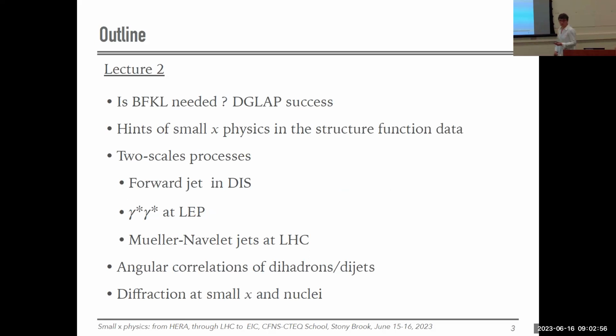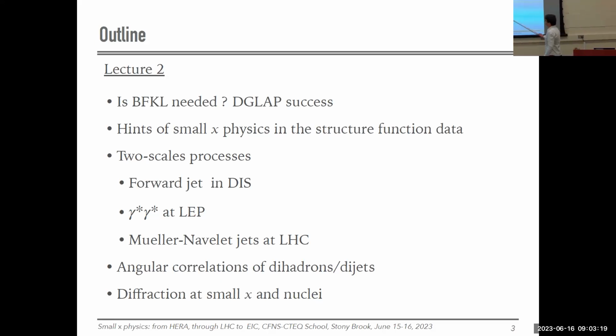So what I want to do today is to give you an overview, of course a selected overview, of some processes that you can look at, mostly at DIS but also at other machines, to look for small x phenomena, either BFKL or saturation.